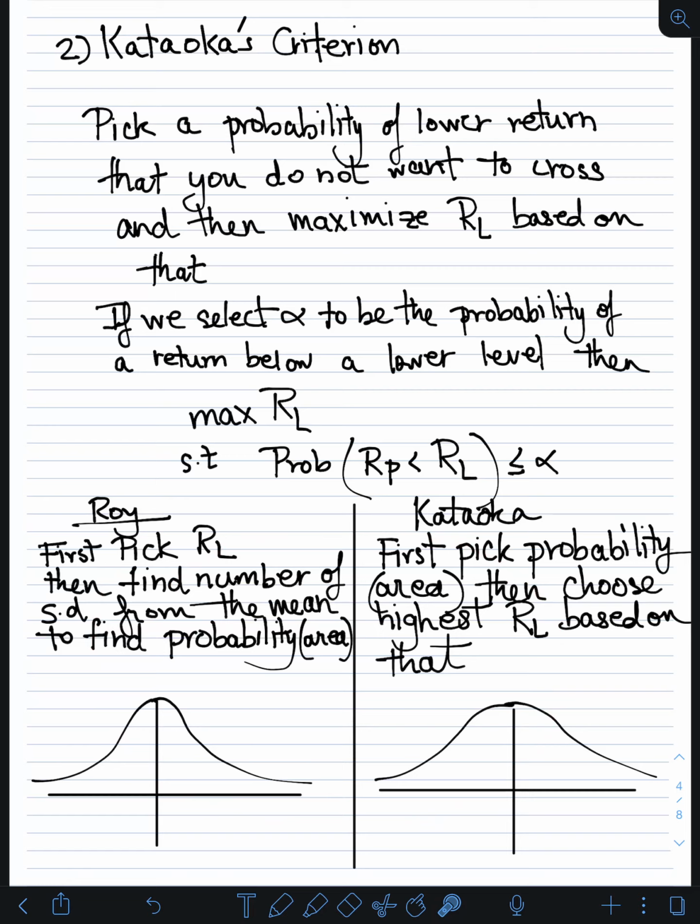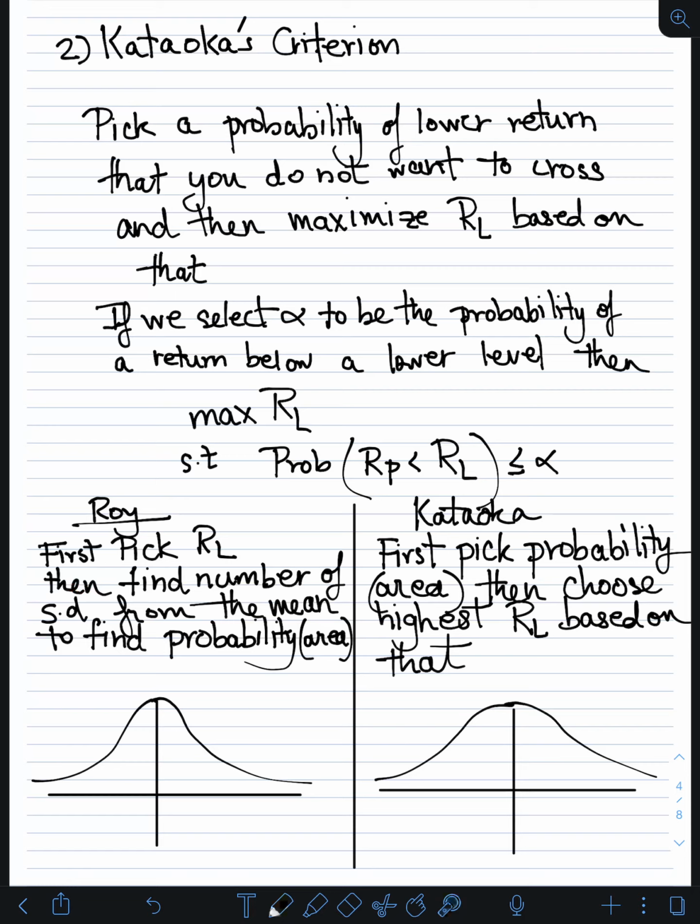We said, we do not want to fall below a certain return, say 5%. Once we said we do not want to fall below this RL, this 5%, we used that to find how many standard deviations away from the mean that value was. And then based on that, we found the value that went farthest to the left.